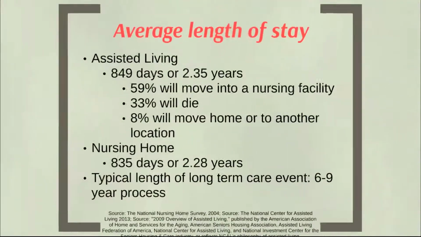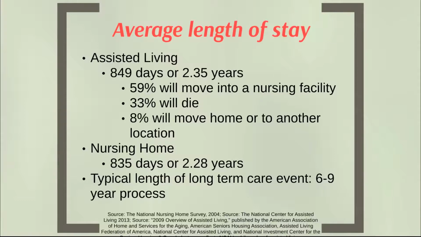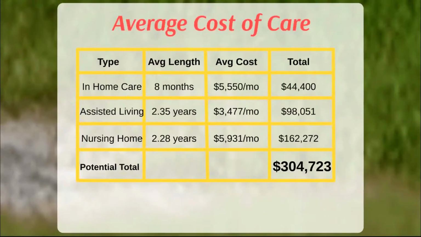So here's an example of the average length of stay, and it usually varies by the type of care; you tend to graduate from one level of care to the next. If you put that in terms of cost, using a fairly reasonable, not exaggerated cost of what these services could cost, you can see in about a 5-year time period you can blow through $300,000.